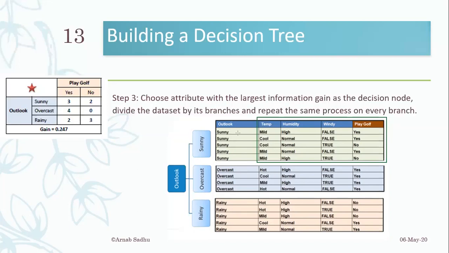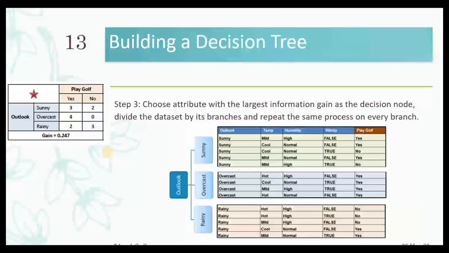What are the remaining attributes? Temperature, humidity, and windy. So you have to recompute information gain for temperature comma play golf, humidity comma play golf, windy comma play golf. Similarly, you have to again split on humidity, temperature, windy, whatever attribute is giving you the best information gain.